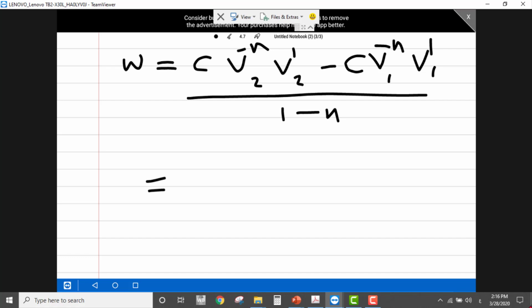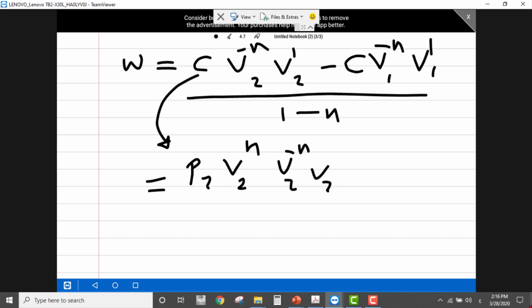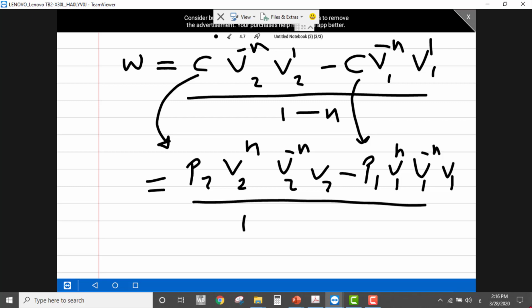So instead of this C, I can write P2 V2 to the power n, multiplied by V2 to the minus n multiplied by V2 to the power 1, minus, instead of this C, I can write P1 V1 to the power n from the definition, of course, multiplied by V1 to the minus n multiplied by V1 over 1 minus n.